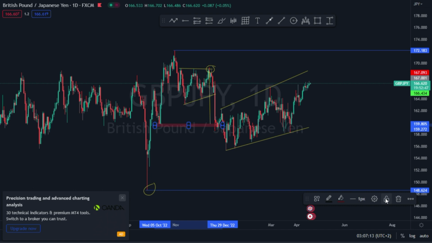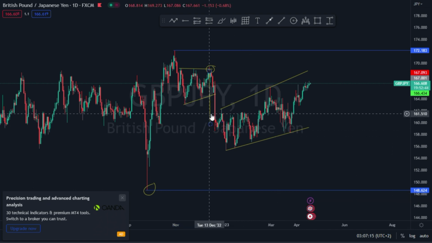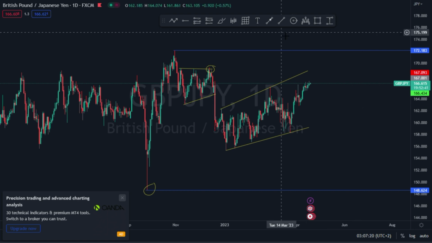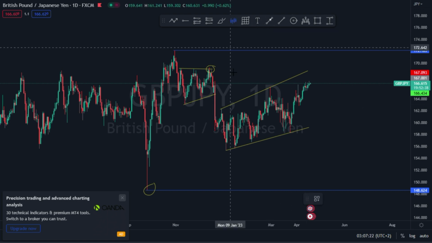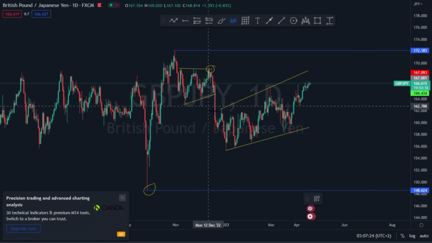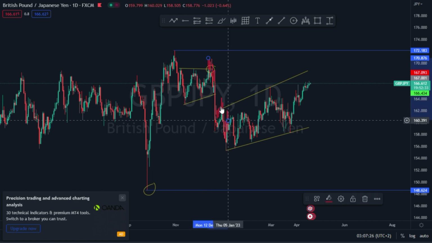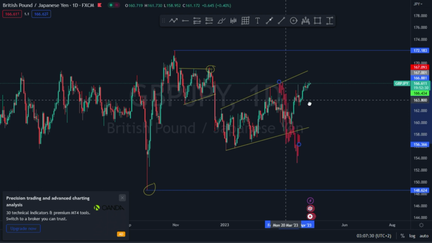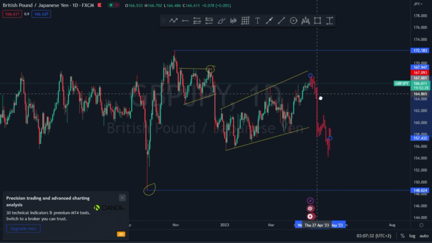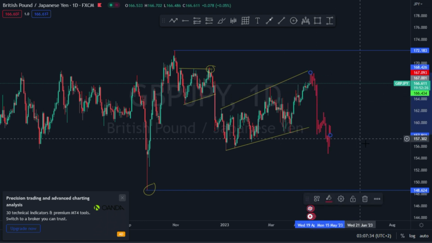Let's look at this current market structure that we have. I can just take this market movement right here up until this level right here. So we expect this move again from this level until this level, right?